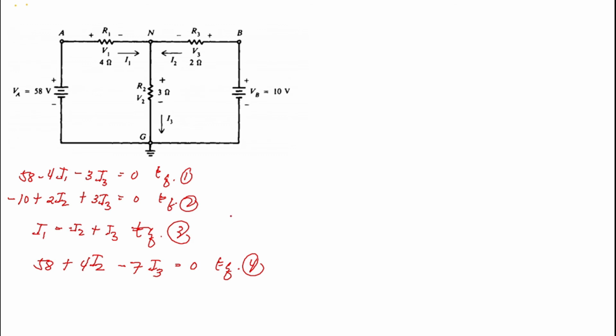Now, equation number 2, pareho siyang may I2 and then the I3. Okay? Gagamitin ngayon natin to for the elimination. It's either si I2 or si I3. Now, eliminate, it's either I2 or I3. Eliminate ngayon natin si I2. Eliminate I2 using equation number 2 and 4 para makuha mo yung value ngayon ni I3.